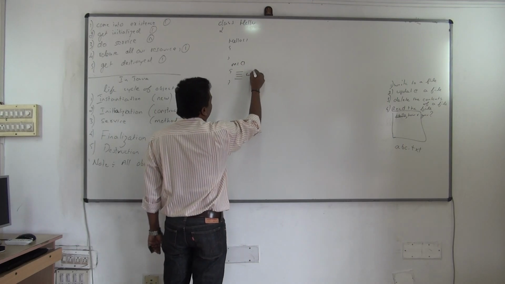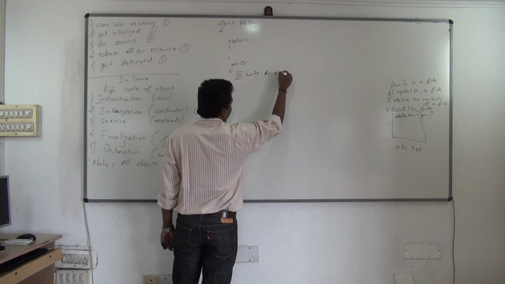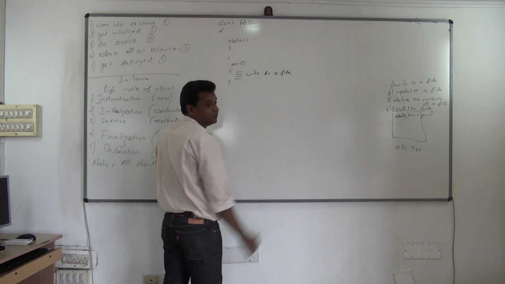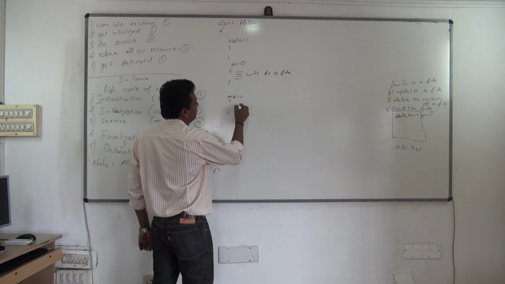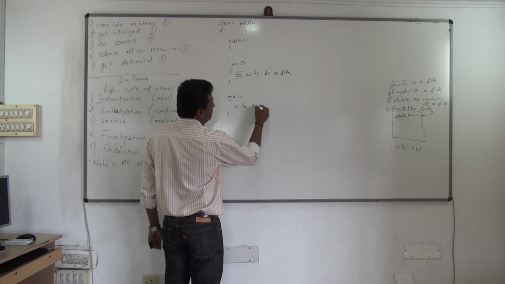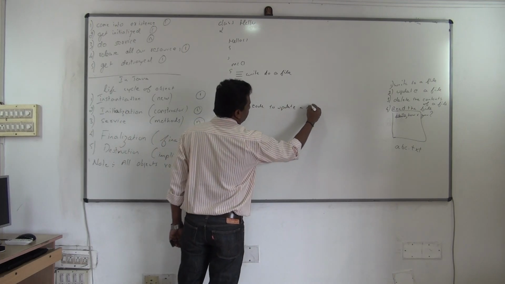So in M1 I'll write the code to write to a file. Correct? In M2 what you have to do now? Write code to update a file. Like this you have to go on writing 4 methods now.